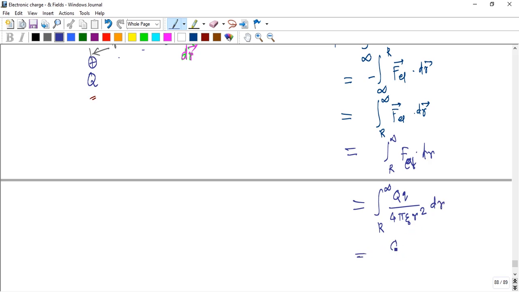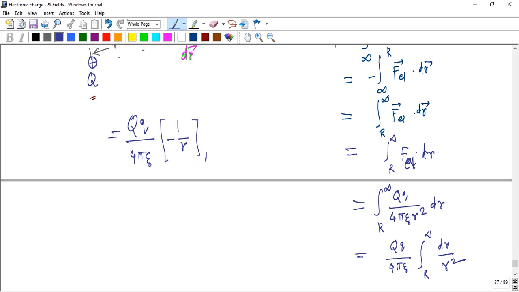So taking Q small q by 4 pi epsilon naught as common, the integral from R to infinity of dr by R square, and the integration gives minus 1 over R. Putting in the limits, R to infinity, we get the work done in bringing a test charge from infinity to a finite point P: capital Q times small q by 4 pi epsilon naught, times minus 1 by infinity, minus minus plus, 1 over r.